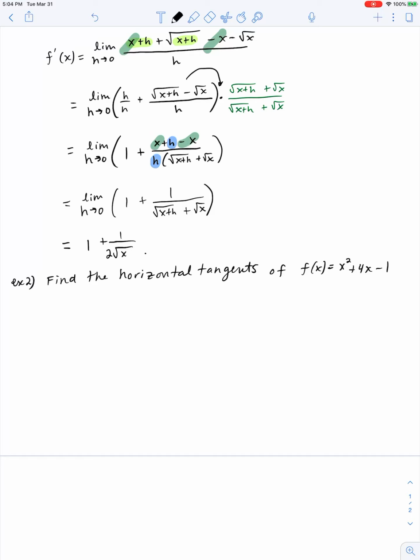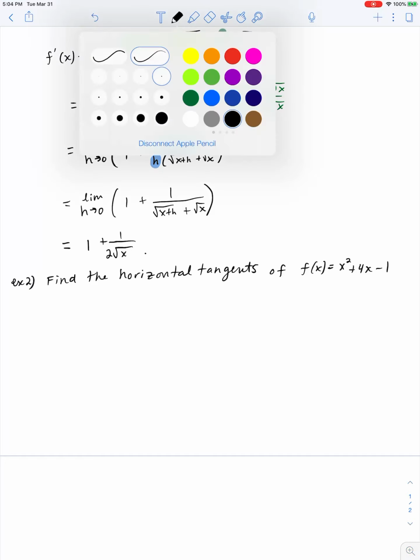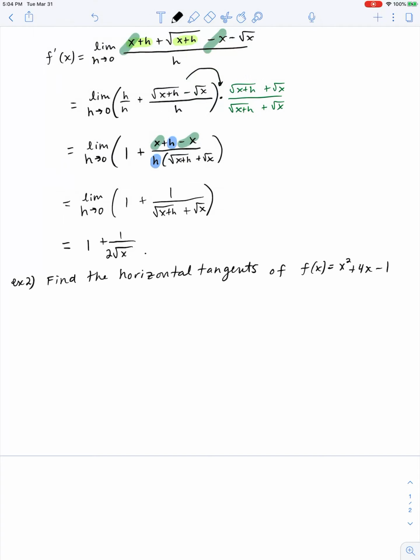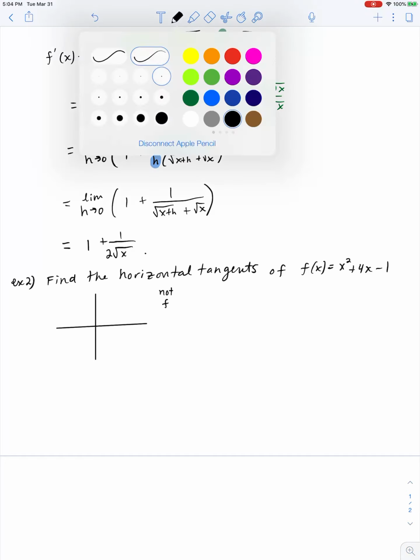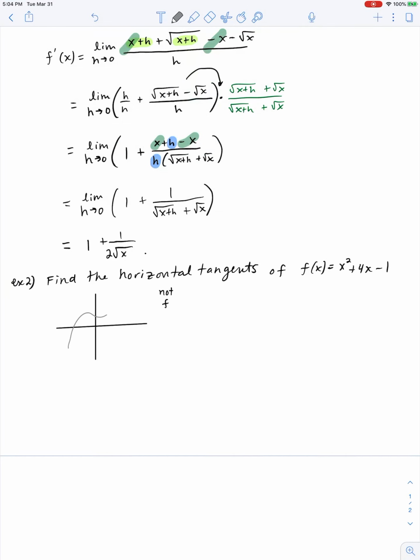Okay, a quick note here about horizontal tangents. Let me just draw a generic function. This is not f, but I want to show you really quickly. I'm just going to draw a function like this. This looks like a cubic function.